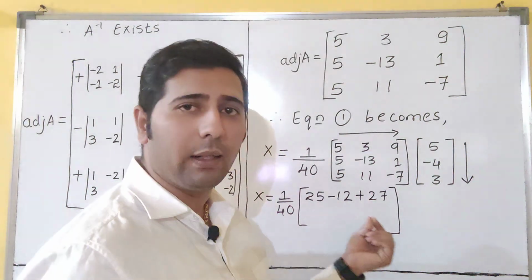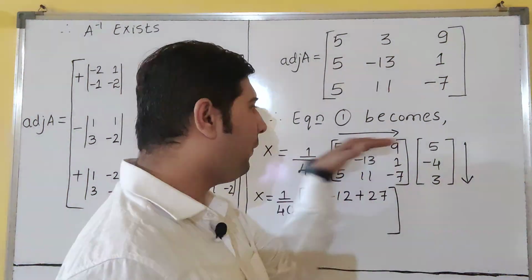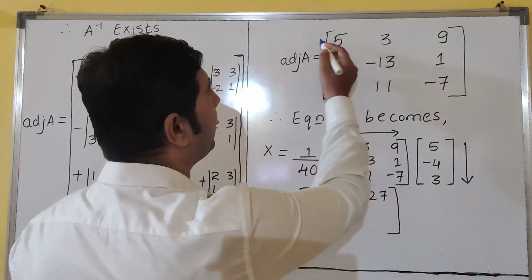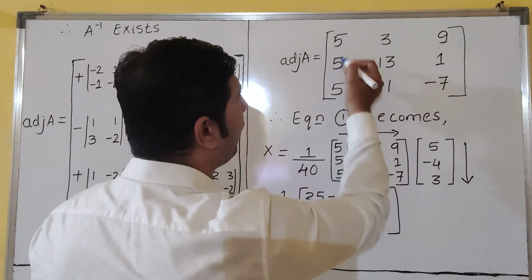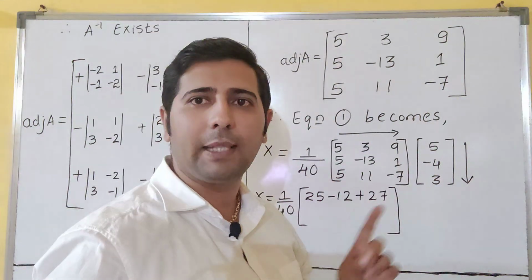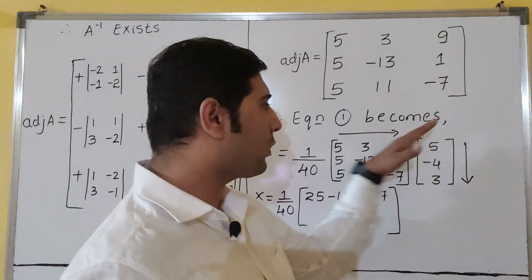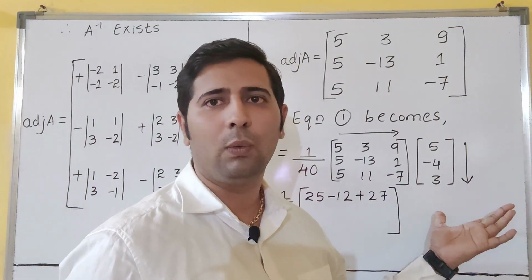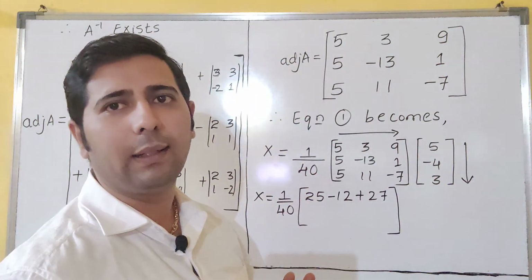Clear? So first row, first column, all together as one. Don't write separately. First row, first column is only one element, no? Is there a first row, second column? No. Then we will stop here only. Clear?